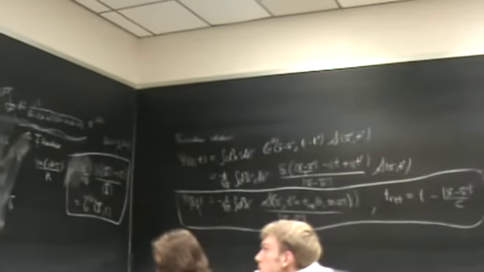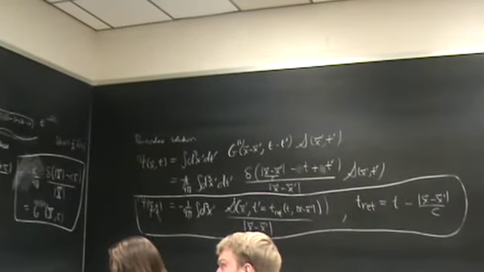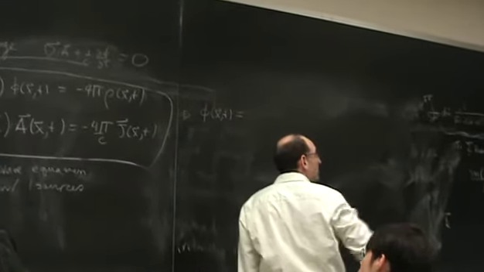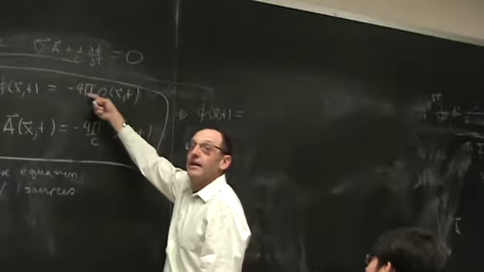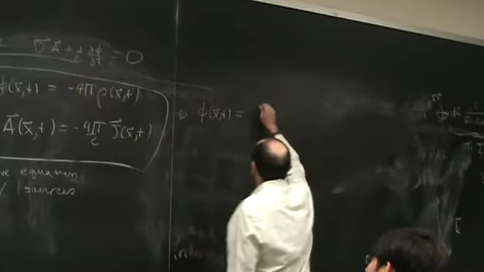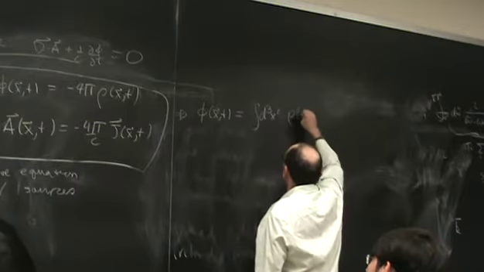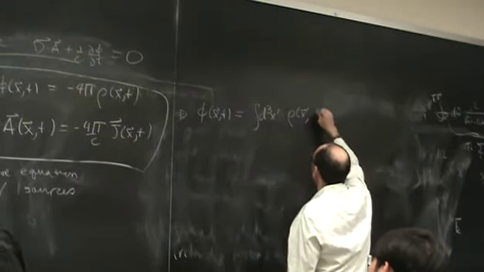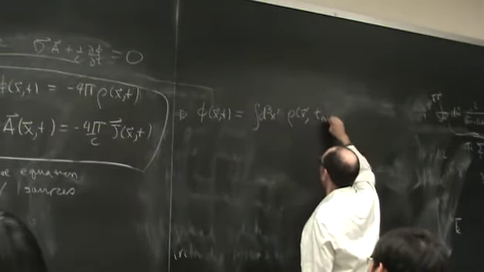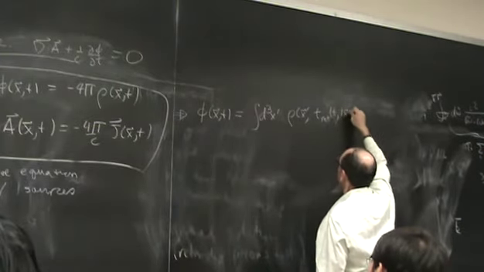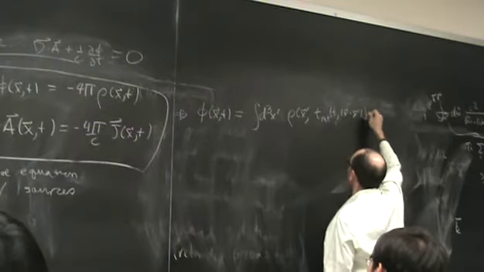So the solution for the scalar potential as a function of time is an integral over the sources, where the source is evaluated not at the same time but at the retarded time, which is a function of time and the distance from the point of observation.